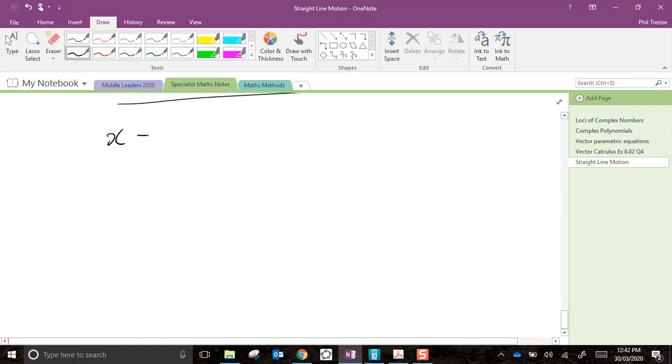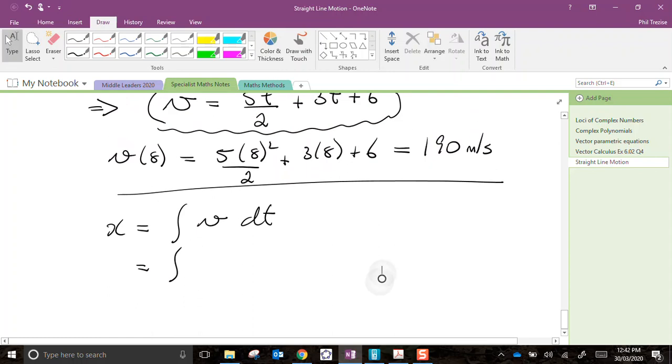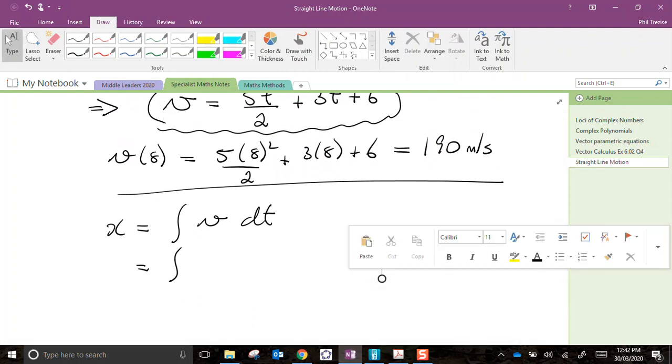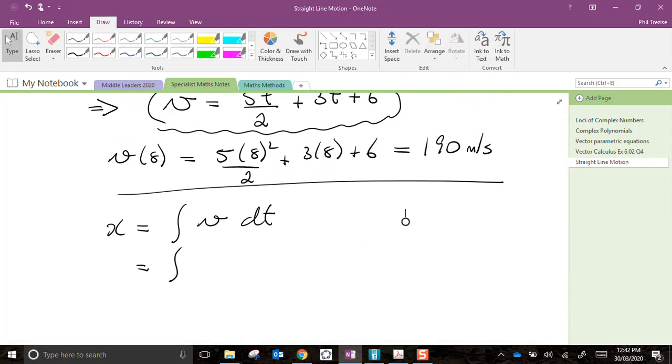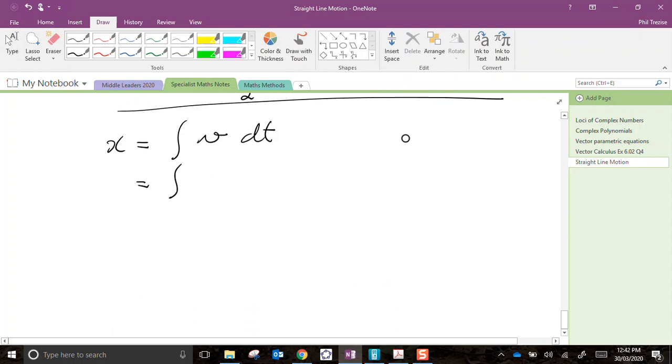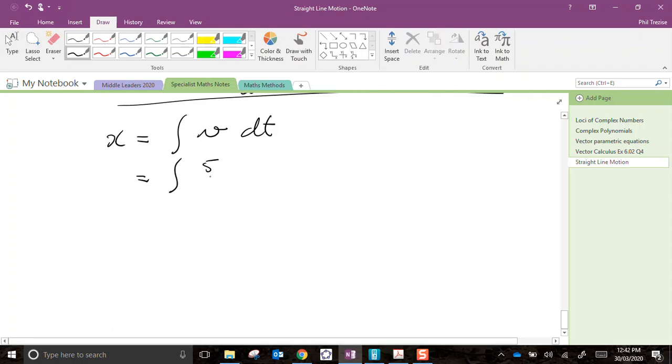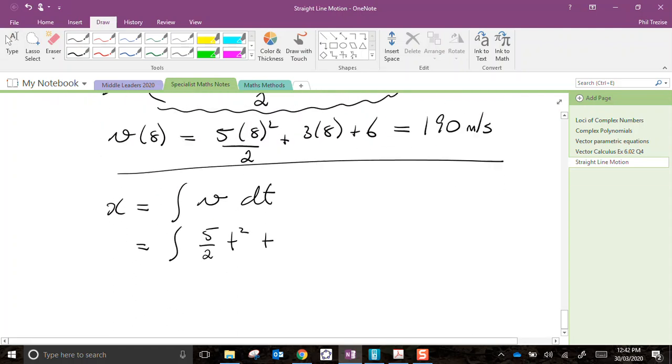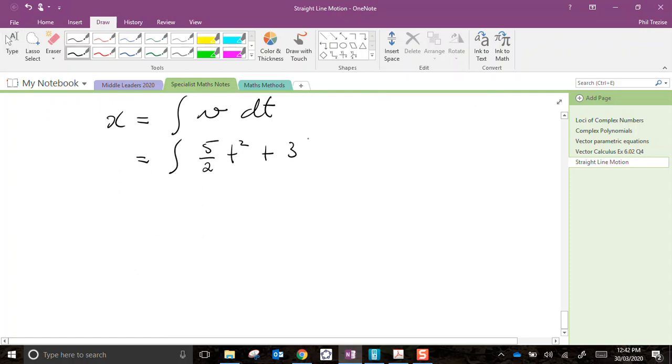So, displacement equals the integral of v dt. Our formula for v is 5t squared over 2. I might write this as 5 over 2 t squared to separate out the constant from the pronumeral, plus 3t plus 6.